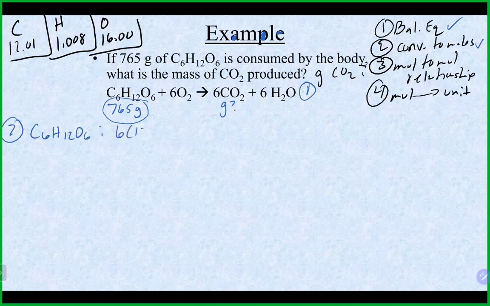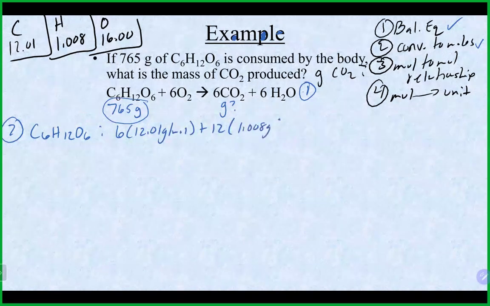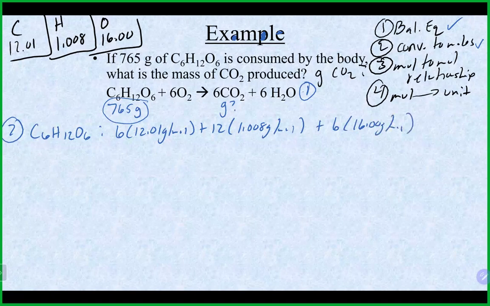That would be 6 times our carbon's molar mass from the periodic table, plus 12 times our hydrogens, plus 6 times our oxygen from the periodic table. That's like 180.2, I think, grams per mole. So we are going to use that as a conversion factor. So we'll take the 765 grams that they gave us.